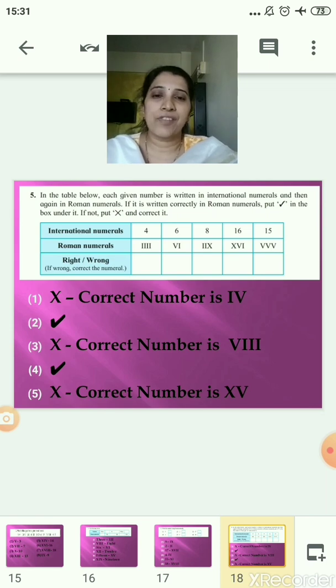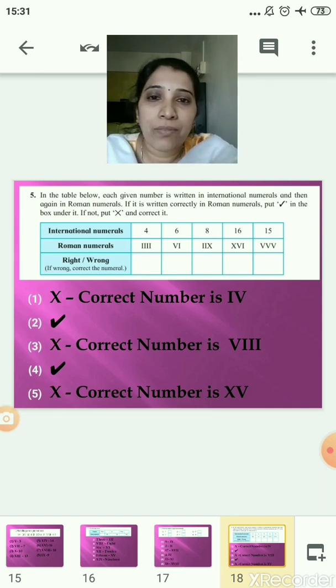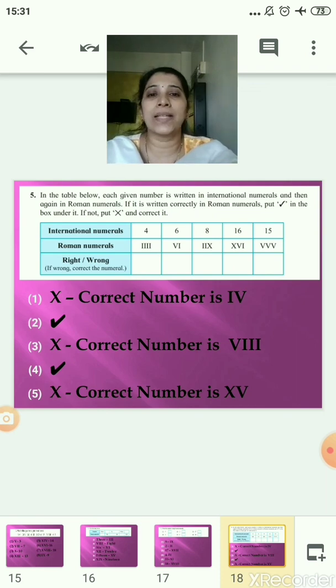Now, if you see the first one, the international numeral is given as 4, whereas the Roman numerals, what is there? They have given 4 lines, 4 capital letter I. So, can we write 4 times I for 4?